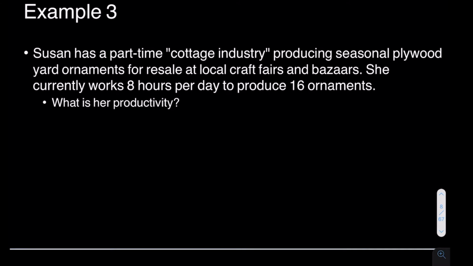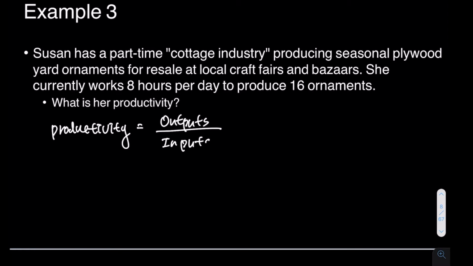What is her productivity? Productivity is very simple in this case. Productivity equals outputs over inputs. In this case, what are the outputs? Suzanne is producing 16 ornaments.